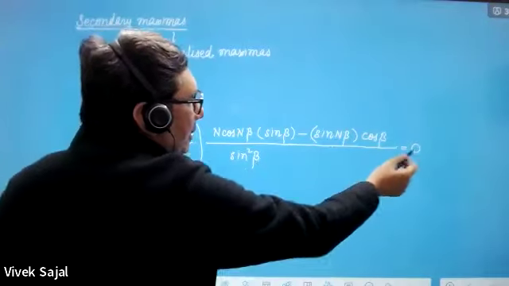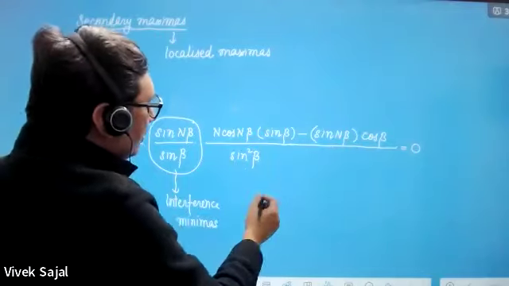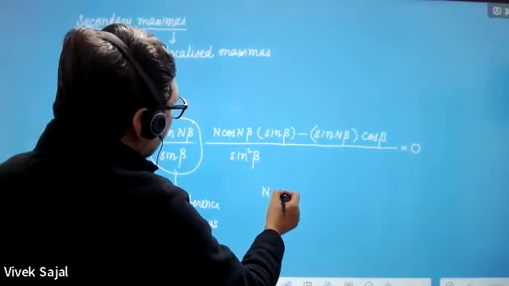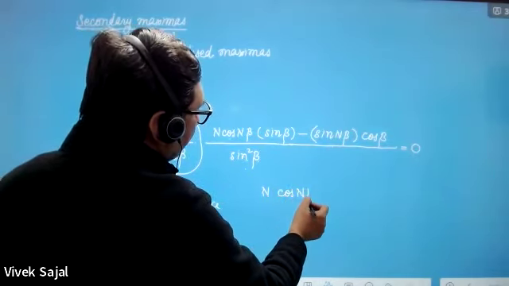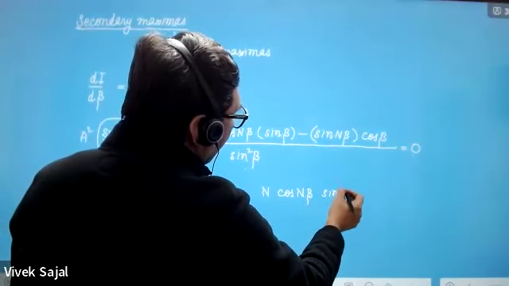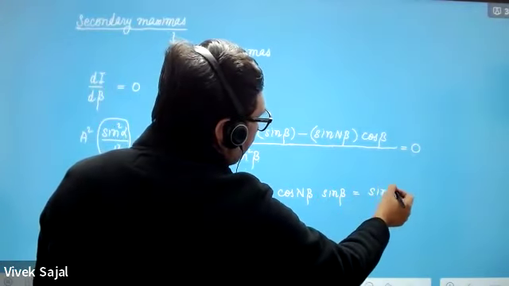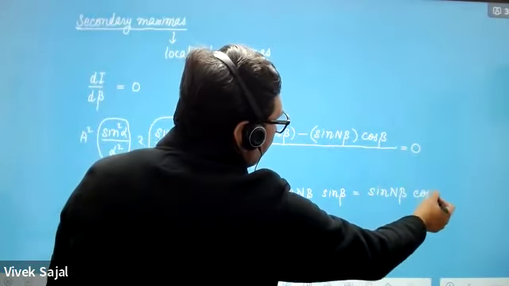So sine squared beta into 0 will be 0. So this numerator, I'm going to place it 0. So what will it be? This will be n cos n beta sine beta. And on this side, I'm going to have sine n beta, and this will be cos beta.